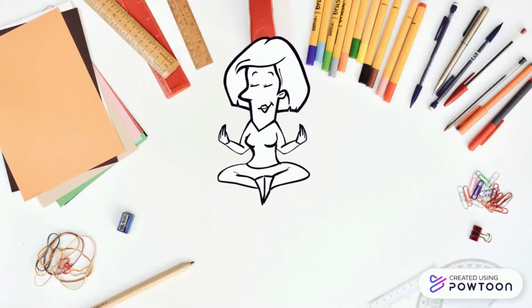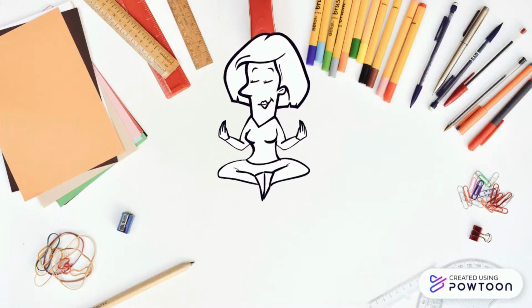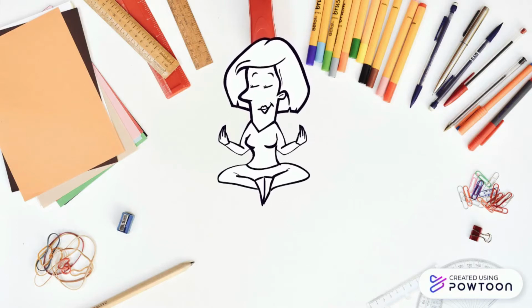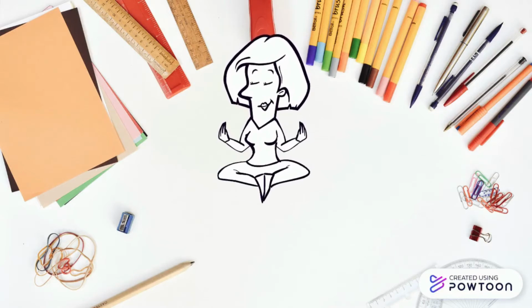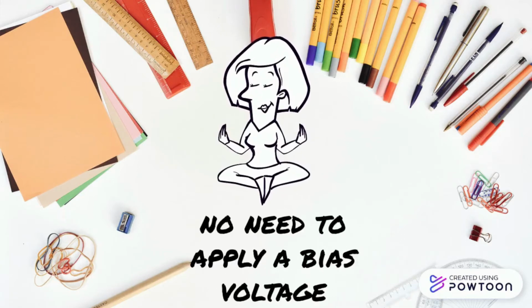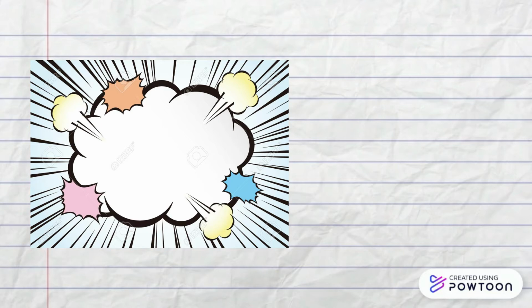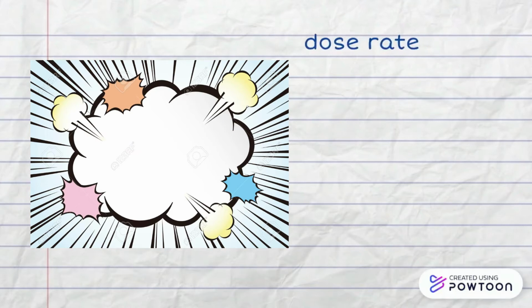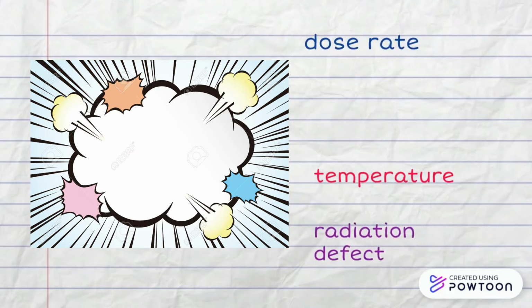Due to the diode structure and the intrinsically formed potential difference, there is no need to apply a bias voltage across the P and N-type diode regions to collect the charge liberated by the radiation. The response of the diode in a current mode is complicated and can be affected by dose rate, temperature, radiation defects, and initial material.